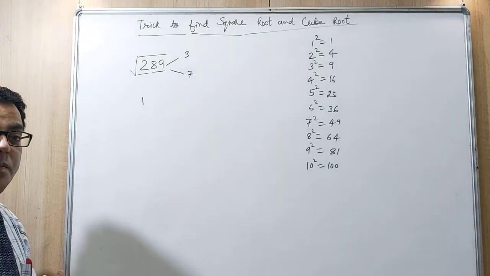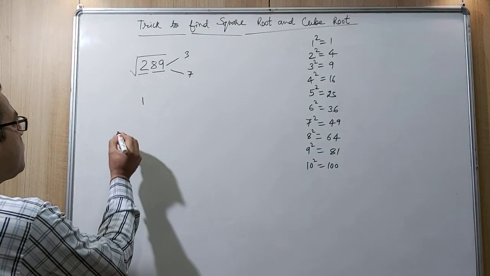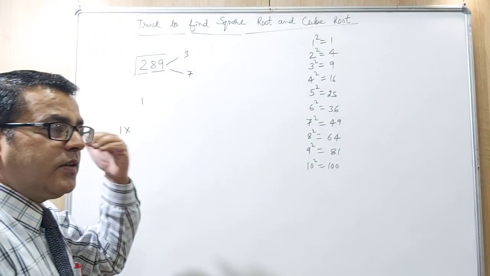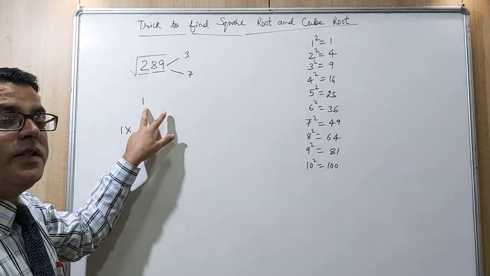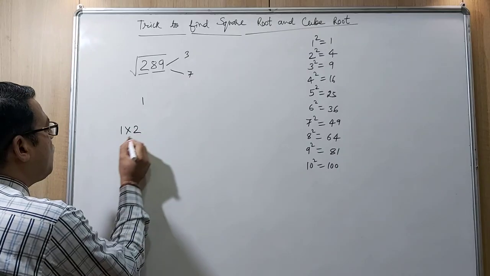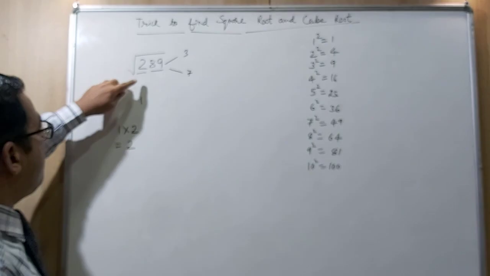So there is a very simple trick. You do one thing, just multiply this 1 with the successor of this 1. What is the successor of this 1? 1 plus 1, 2. We have to multiply this 1 by 2. What do we have? We have 2 here. Now compare with this number.